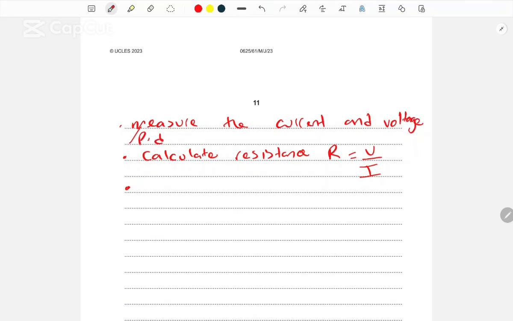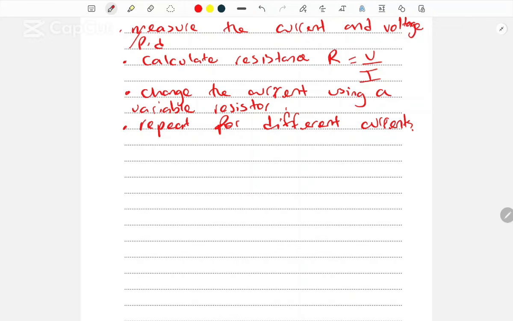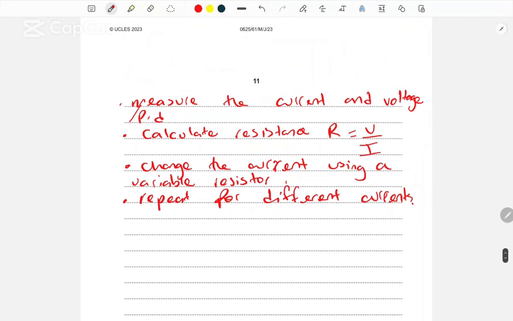Next, we have to change the current using a variable resistor, and repeating the same experiment, and then repeat for different currents. So that's the methodology we have to use.